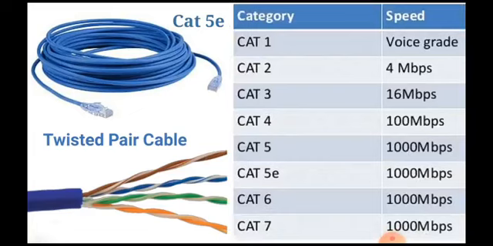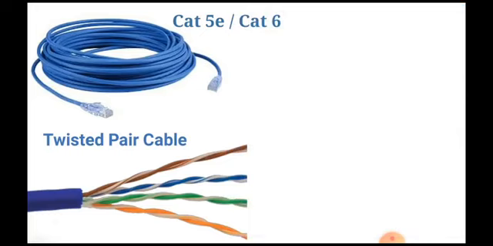Depending on the features provided, cables are categorized from category 1 to category 7, and each category varies in the data speed the cable can carry.